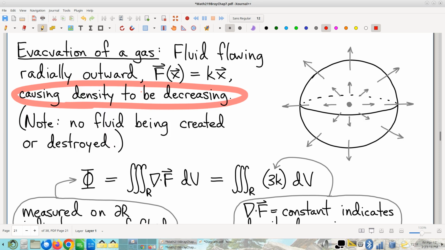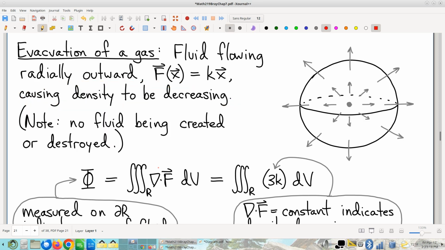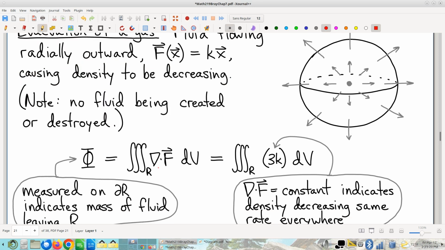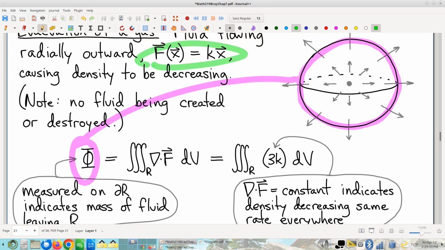All right, so let's talk about flux then. We're going to think about flux through some sphere well inside of the gas cloud. And of course, there will be some flux because, after all, our flow is outward.